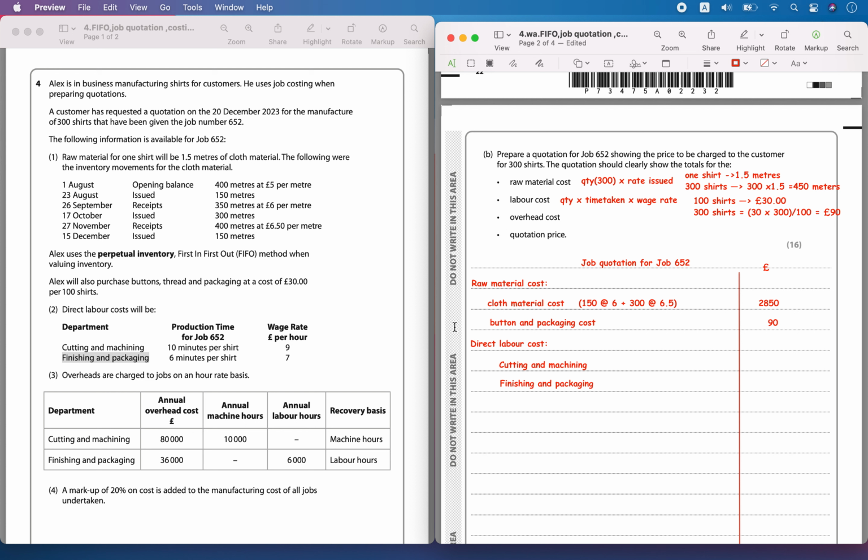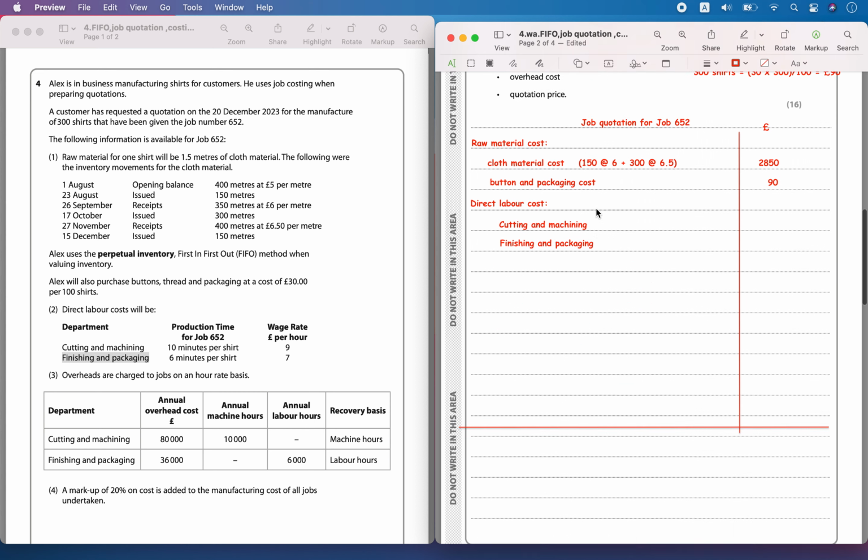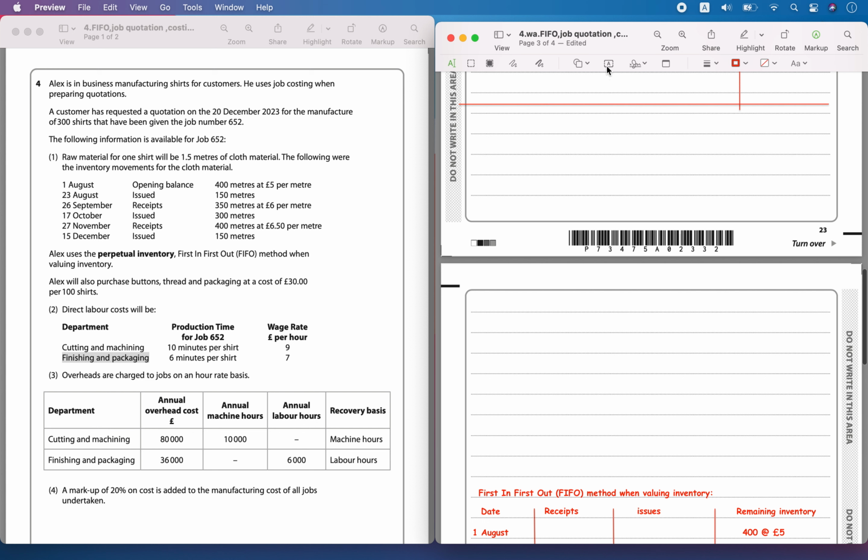Now first, let's calculate this. The quantity we know is 300. Then what is the time taken? So let's calculate the time taken for preparing that shirt. So direct labor cost calculation. For one shirt it takes 10 minutes.